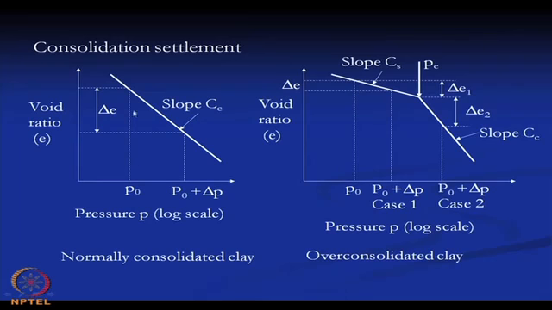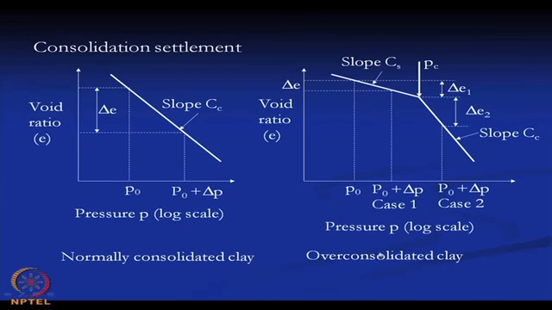This is the difference in stress, delta P, from P0 to P0 plus delta P, and because of this stress difference there is a difference in void ratio, delta e. As expected, as we increase the pressure the void ratio will decrease.